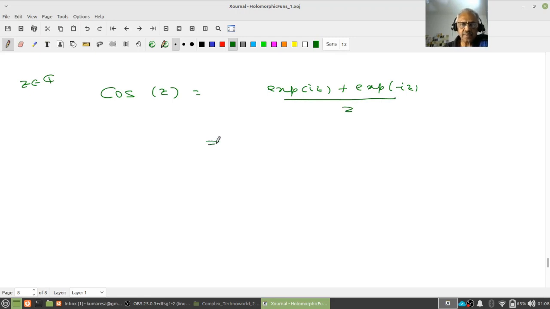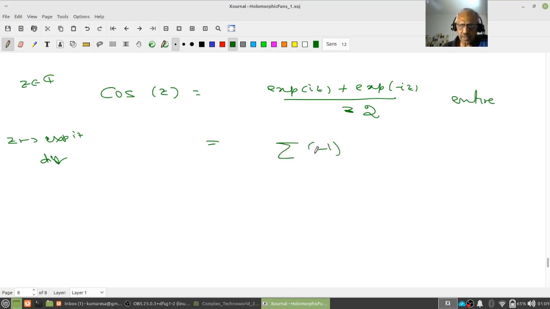Okay, and notice that z going to exponential iz is differentiable, and similarly this is differentiable, and this is 2, not z. Therefore this is differentiable, and hence it's also entire.